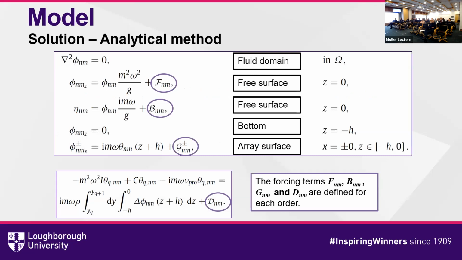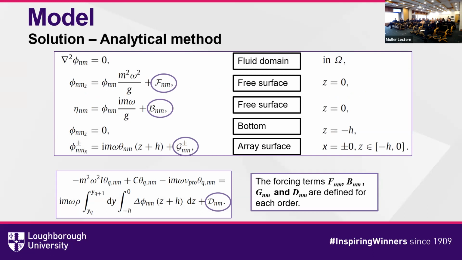So this is an example. In general, what we have for each order n and harmonic m is again the Laplace equation. And then we have boundary conditions. This is the dynamic boundary condition, and this is the kinematic boundary condition on the free surface. The bottom boundary condition is always linear. Then we have the condition on the surface of the array, plus the equation of motion for each flap.